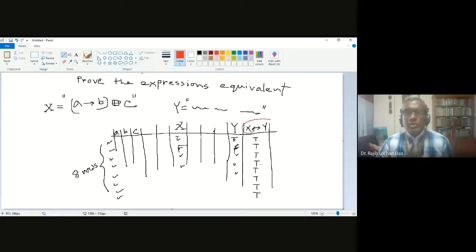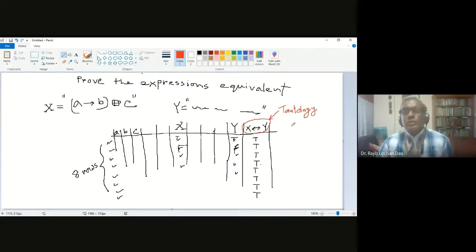If it is all true, then it is called a tautology. When x double implication y is a tautology, you can say x and y are equivalent expressions. So this way you will prove the given question.